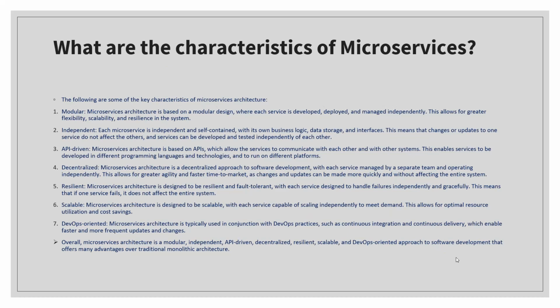Scalable. Microservices architecture is designed to be scalable, with each service capable of scaling independently to meet demand. This allows optimal resource utilization and cost saving. DevOps oriented. Microservices architecture is typically used in conjunction with DevOps practices such as continuous integration and continuous delivery, which enables faster and more frequent updates and changes.